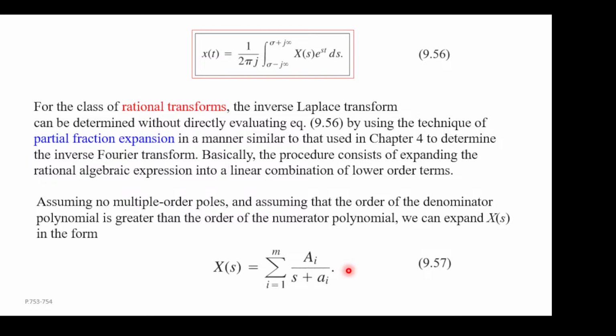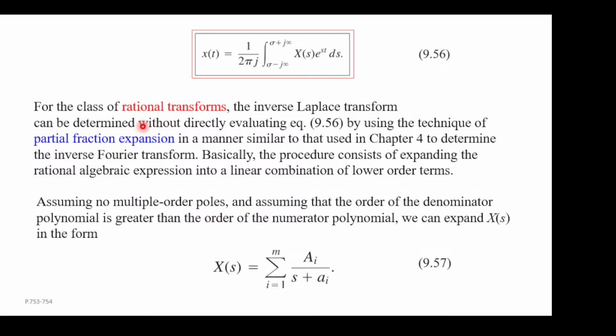And then we just look up our table, or we just remember our examples 9.1 and 9.2. Then we know the inverse Laplace transform of 1 over s plus a, because we're already seeing the inverse Laplace transform for the two different ROCs.